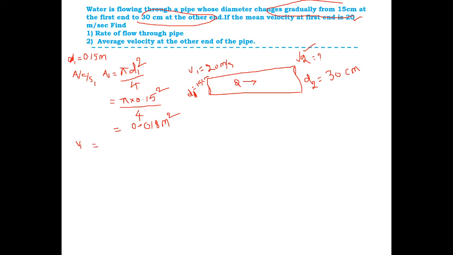Then you take it as a velocity at point 1 is equal to 20 meters per second. Let us take at point 2.